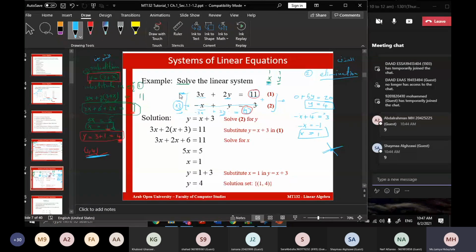So interchanging the equations will not give me a different system. It's the same system. These operations we are going to use when we are dealing with matrices. We're coming to this next. But for now we solve using the substitution method and the elimination method. Is it clear for all?